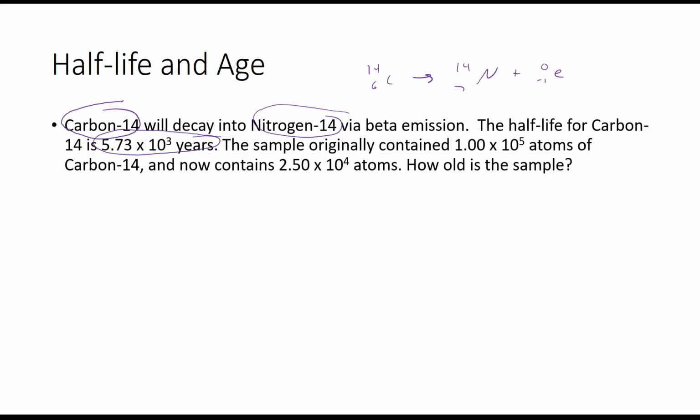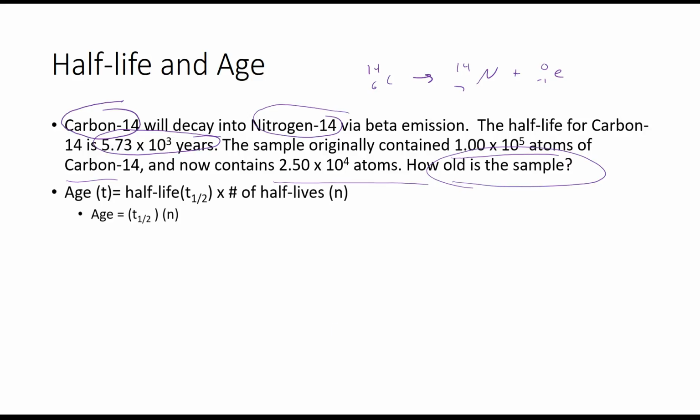Now, if a sample originally contained 100,000 atoms of carbon-14 and now contains about 25,000 atoms, how old is that sample? This is a way that we can use half-life and radioisotopes to estimate the age, with a certain degree of uncertainty.